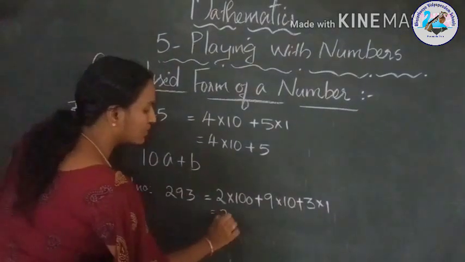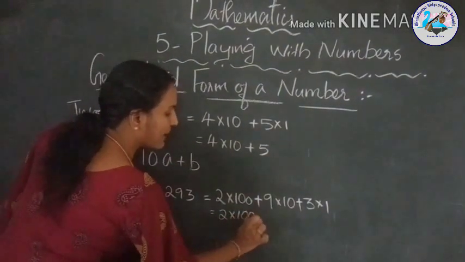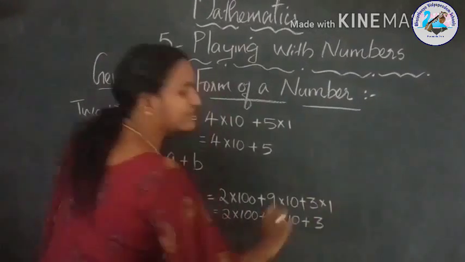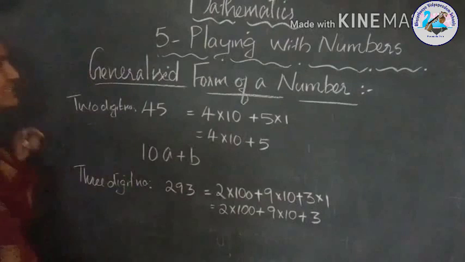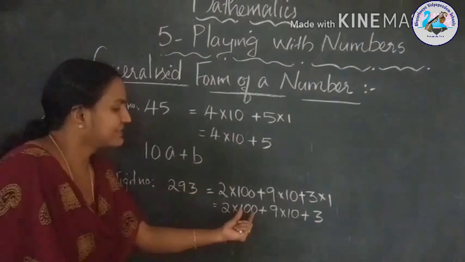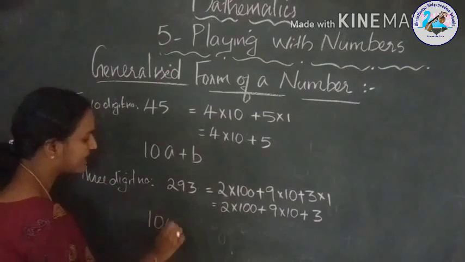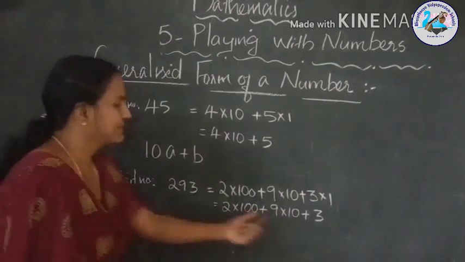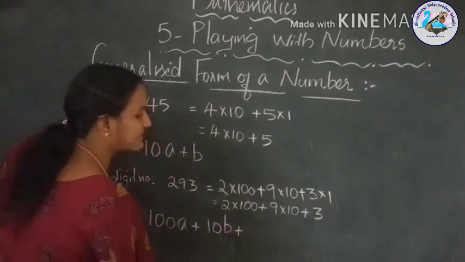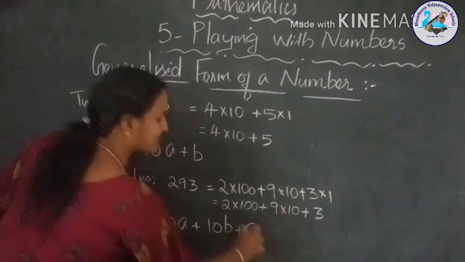So the generalized form of a 3-digit number is 100a plus 10b plus c.